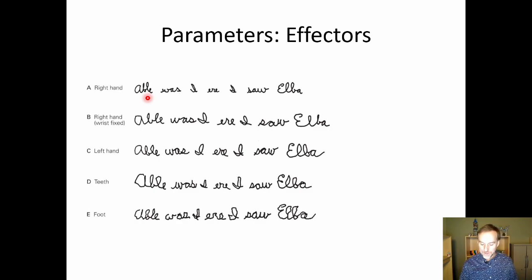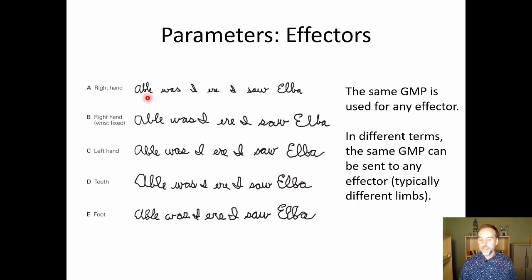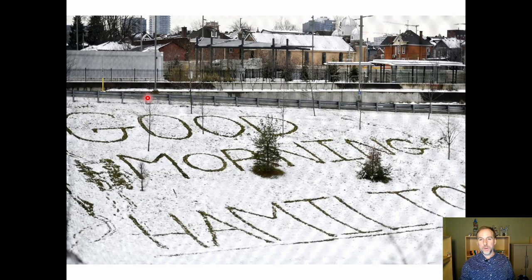I saw this for myself once when it was a snowy day. This was back in Canada, and on a big hillside, I went and I stamped my name into the snow. So I was using my feet, that's a very different effector than my normal handwriting. And unfortunately, this was before cell phones, so I don't have a picture. But at the end, it was so big, I had to stand back to see it.